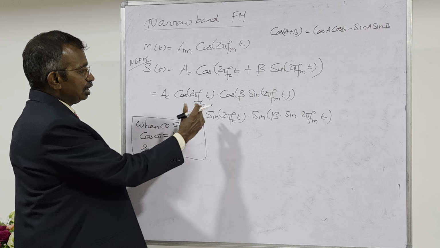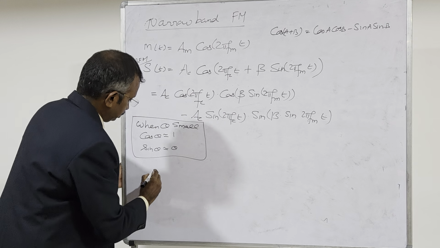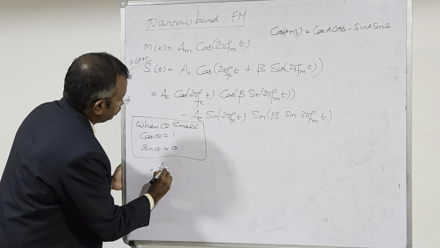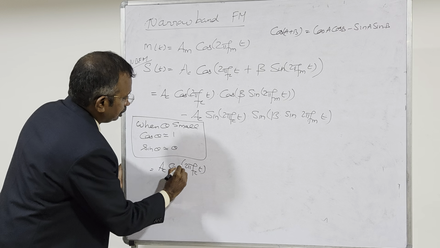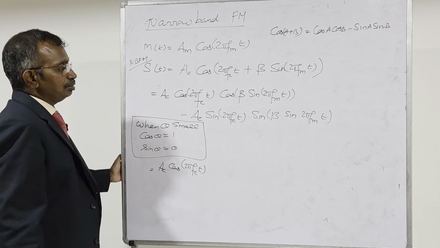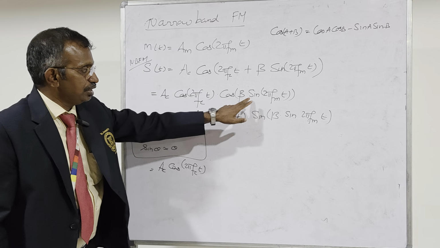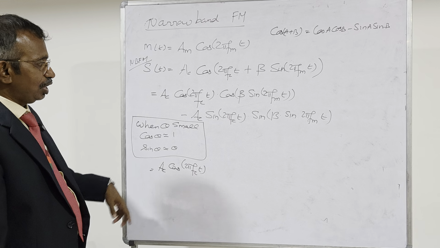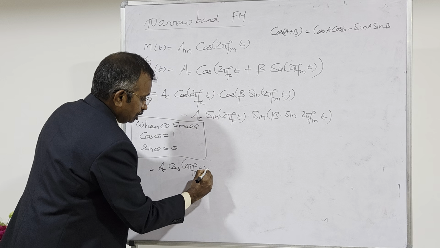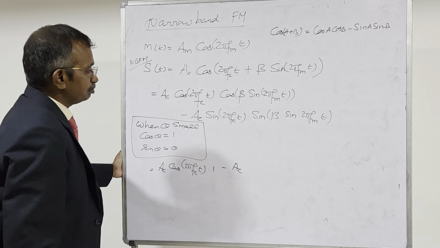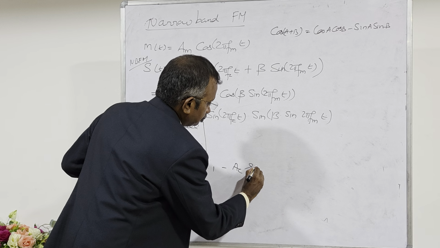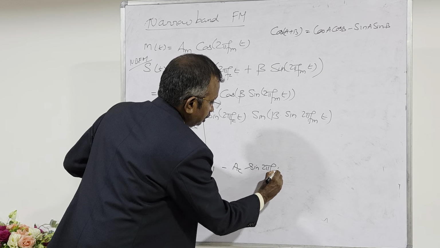Therefore, now I can write this equation as Ac cos 2 pi fc t into cos(beta sin 2 pi fm t). When beta is small, cos theta becomes 1, so this term is replaced by 1, minus Ac sin 2 pi fc t into sin(beta sin 2 pi fm t).